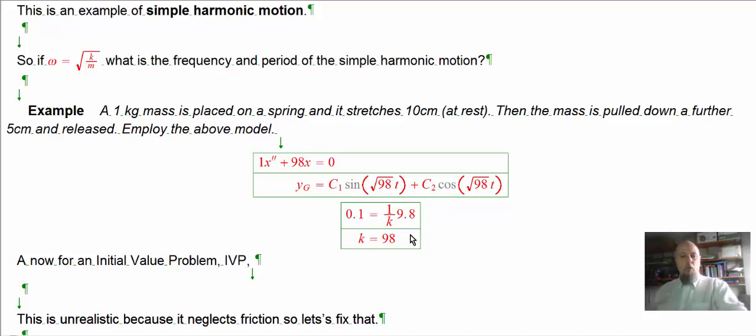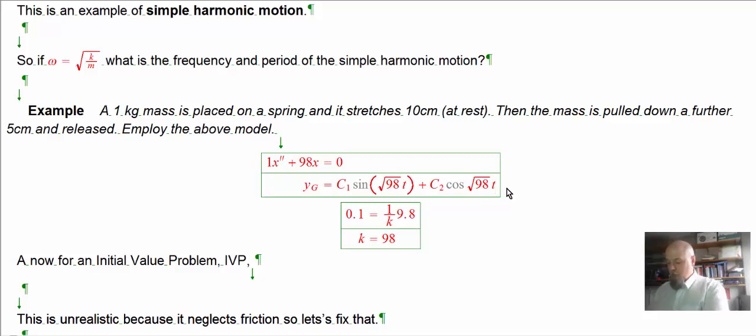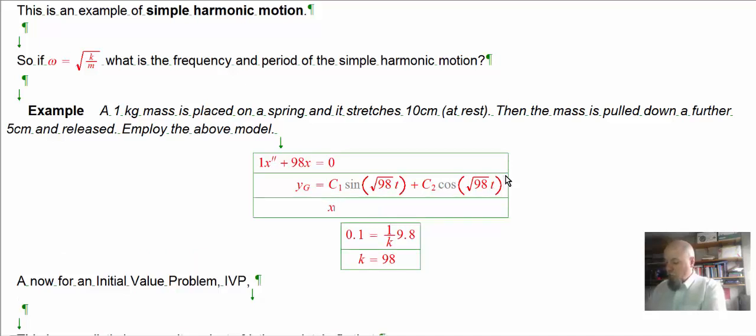Initial conditions. What are the initial conditions? Well, the mass is pulled down a further amount, down from equilibrium. So x naught is equal to minus 0.05, and I need x prime naught.